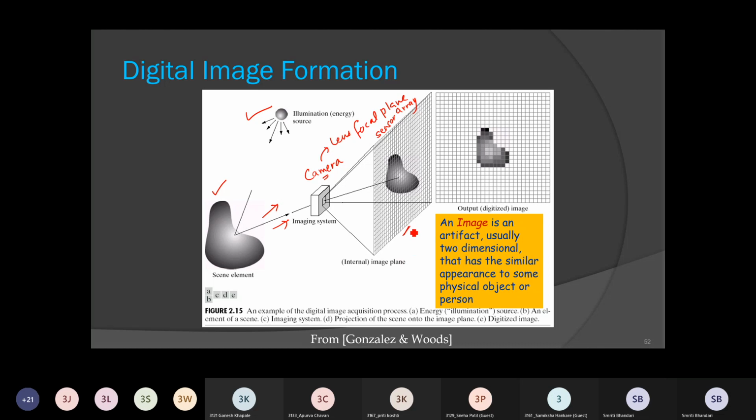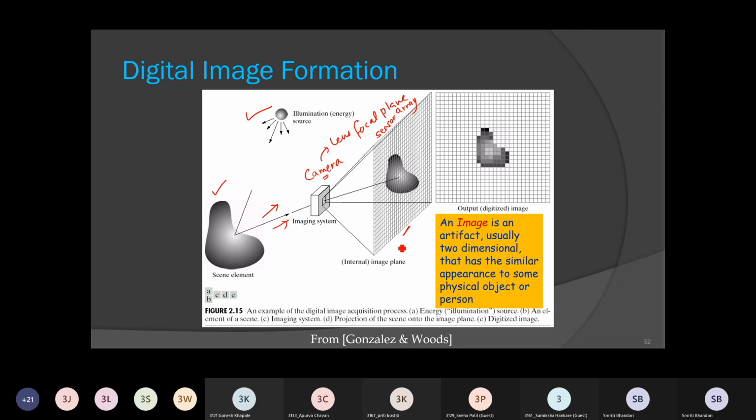In line with this focal plane, there is a sensor array. A sensor array is a two-dimensional array of photosensitive elements. So these elements are coincident with this image plane. What happens actually is that these sensors sense the incident light, and that is further projected onto the image plane.